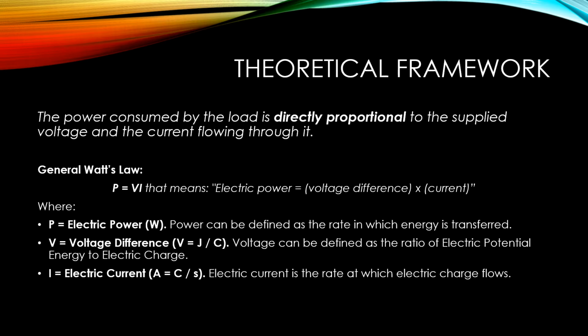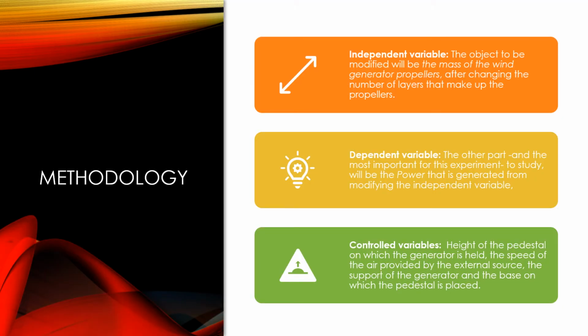Power can be defined as the rate at which energy is transferred. Voltage is the ratio of electric potential energy to electric charge, and the current is the rate at which electric charge flows.